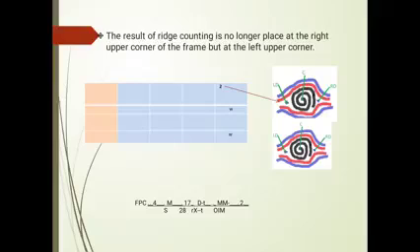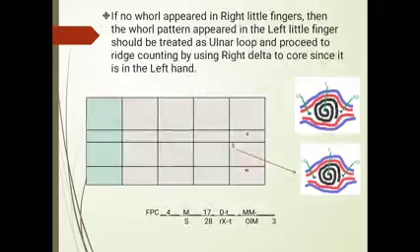The ridge count should be placed on the left upper corner of the frame. So, given the data, the right little finger is a whirl, and the same is true for the left little finger. The result of our final classification will be from the right little finger with a ridge count of 2.